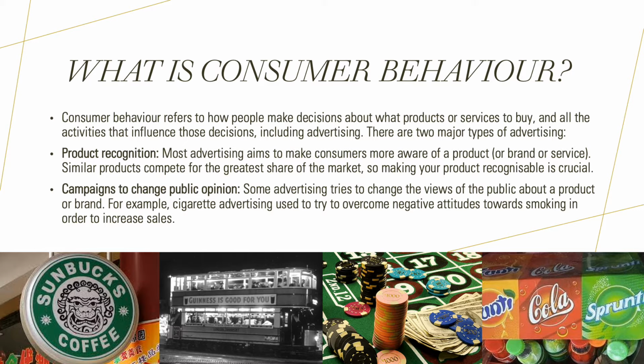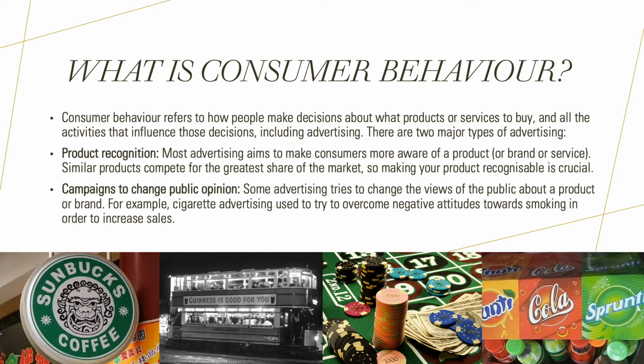Or if a product or a brand has a certain negative attitude about it, then they'll advertise in a positive way to try and get consumers to buy their product. For example, obviously this would never be allowed now, but cigarette advertising used to try to overcome negative attitudes towards smoking in order to increase sales. So they'd use very clever advertising techniques to make smoking look positive.